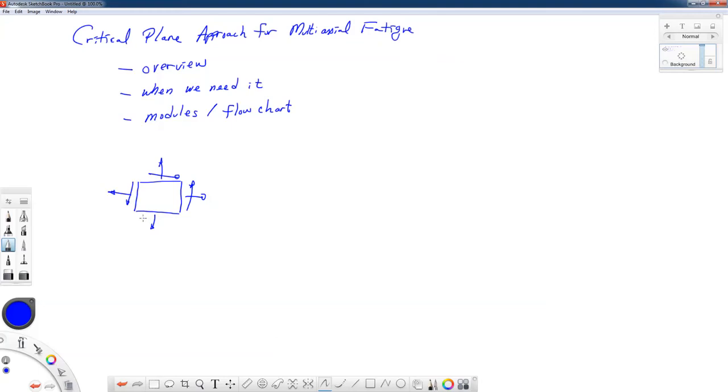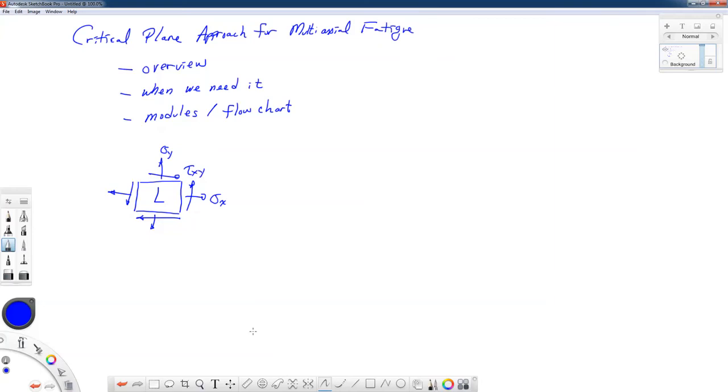Plane stress kind of depends on having zero stress through the thickness, but if we're on the surface of a component, then we're reasonably in that situation, as long as the gradient into the depth of the component of the stress field is not too severe. So a typical multi-axial state of stress may look something like this, where we have maybe two directions of sigma x and sigma y normal stresses, and maybe a shearing stress tau xy.